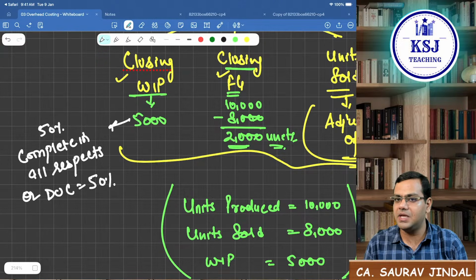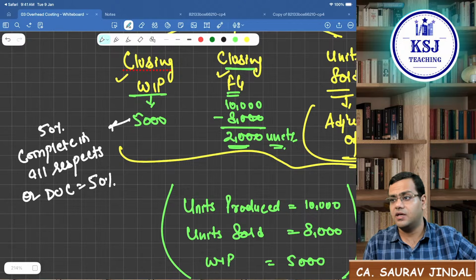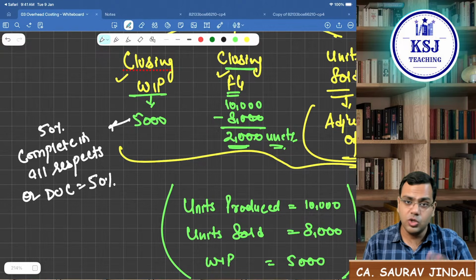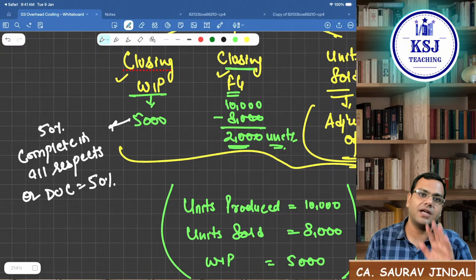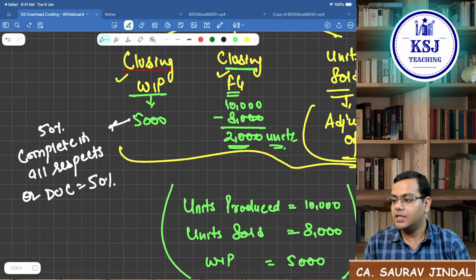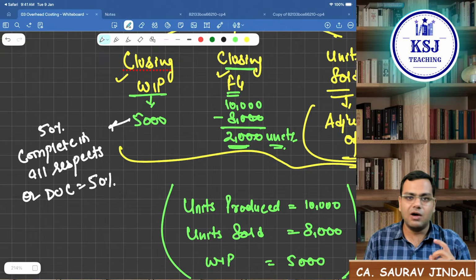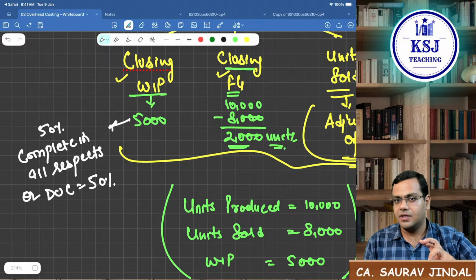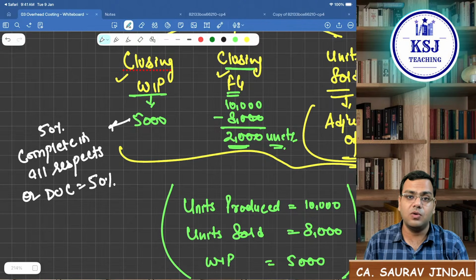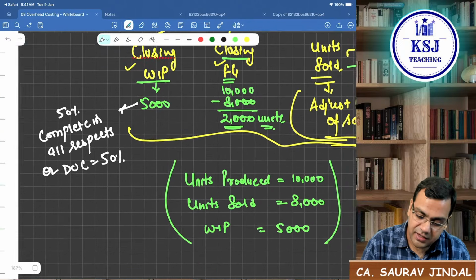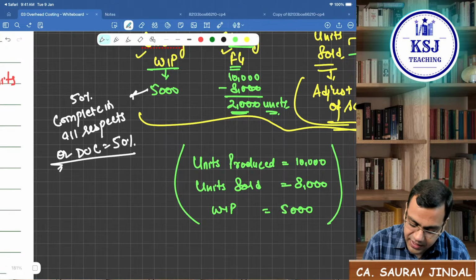What does it mean? It doesn't mean that 50% of this is converted to FG. Then it would not have been in WIP. It means that whatever is the total cost to be incurred on those units, 50% of that cost has been incurred. The remaining 50% cost is yet to be incurred. Right? Now, the under or over absorption can be calculated only on the basis of the cost which is incurred. So what we calculate here is the equivalent units of WIP.